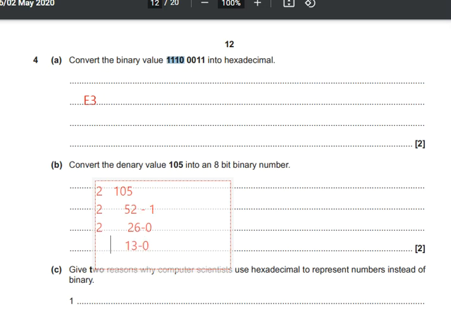Then again we will divide 13 by 2. We will get 6, 2 6s are 12, and 1 remainder is there. Then again we will divide 6 by 2, so 3, and no remainder is there.